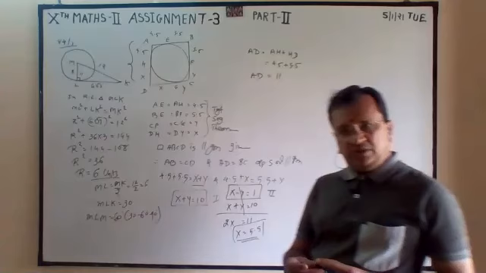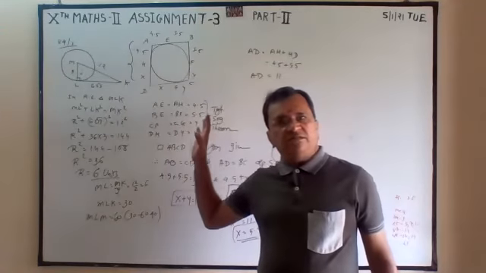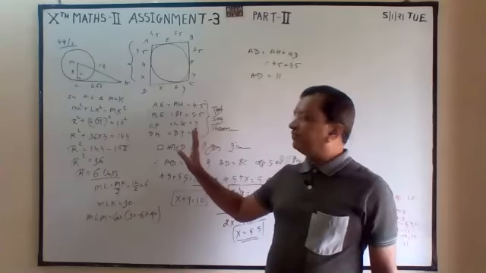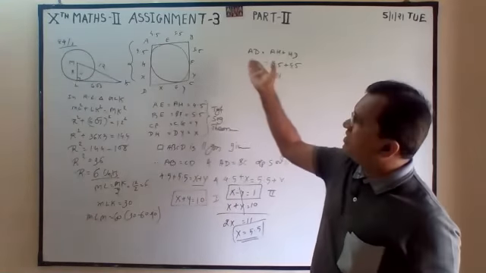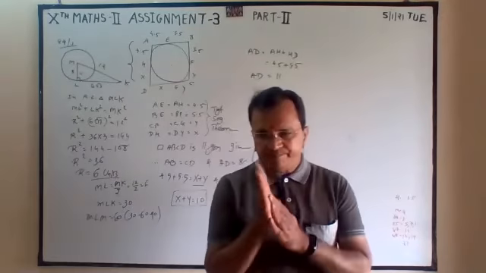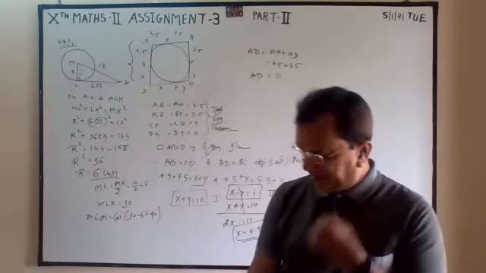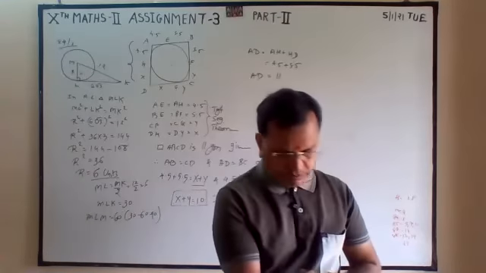In the parallelogram, whose adjacent sides are equal? That is a rhombus. So if they ask to prove this is a rhombus, you can write AB is 11, AD is also 11. So it is a parallelogram and also a rhombus.